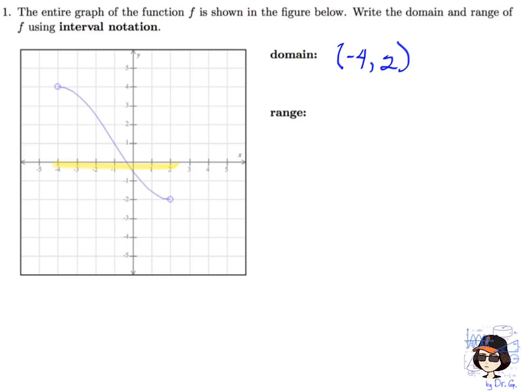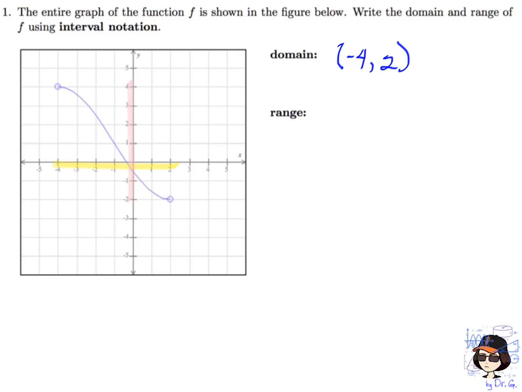Okay, so what about the range? Now we look at how far down and how far up the graph goes, because we're looking for all the possible y-coordinates, all the y-coordinates that appear on this graph. We can see that the lowest is -2 and the highest is +4. But because of those open circles, we're not actually including -2 and +4.